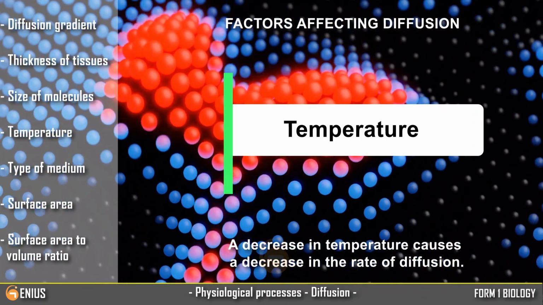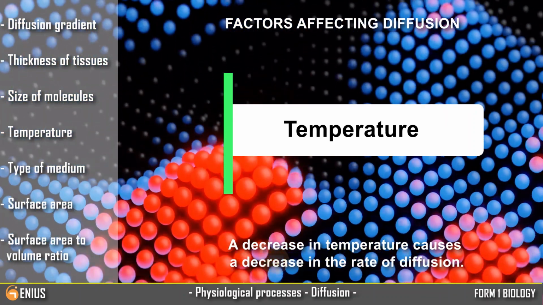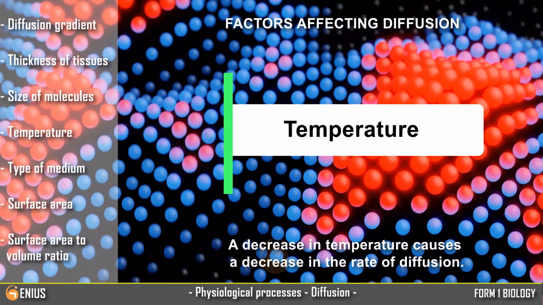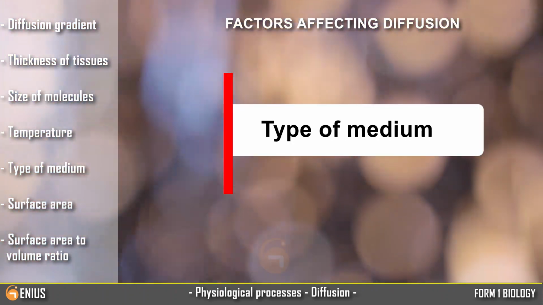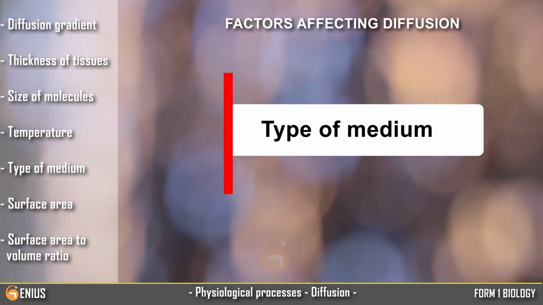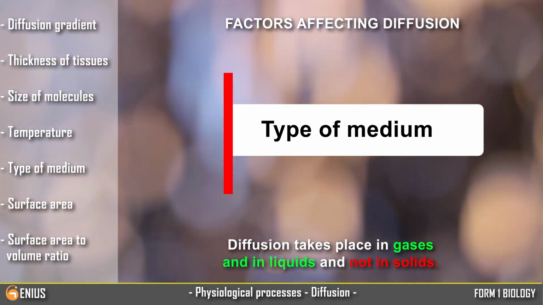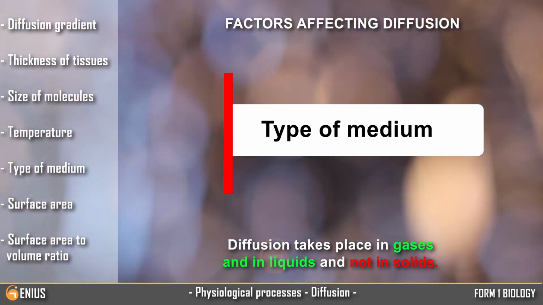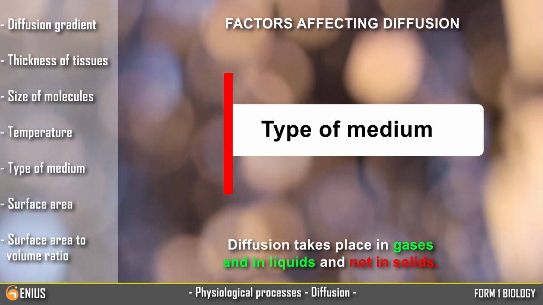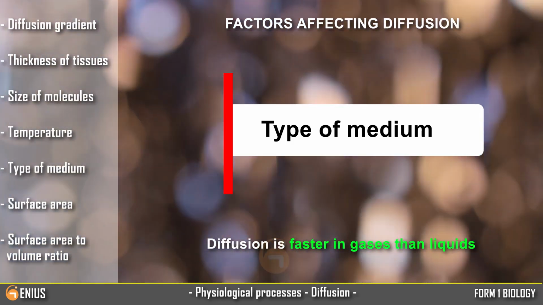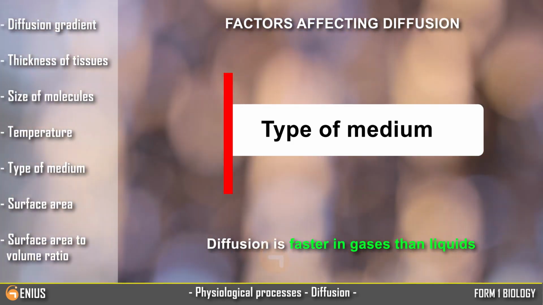A decrease in temperature causes a decrease in the rate of diffusion. Type of medium. Diffusion takes place in gases and in liquids and not in solids. Diffusion is faster in gases than liquids.